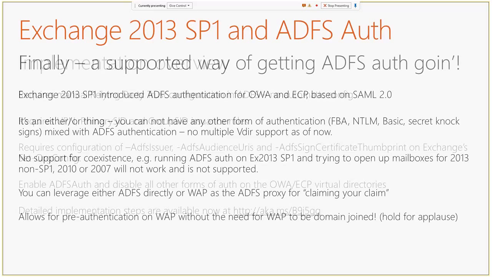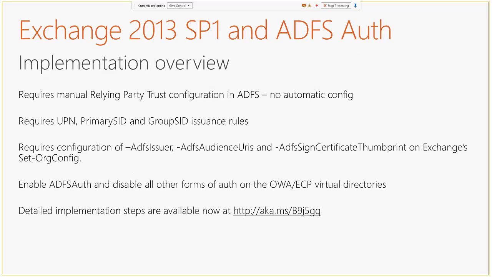There are detailed configuration steps out there, finally. I posted a short URL to that. The basic steps require that you have a so-called relying party trust in ADFS, which is basically authentication credentials flowing out of ADFS to Exchange. The documentation says that we need UPN claims, and primary SID and group SID claims.